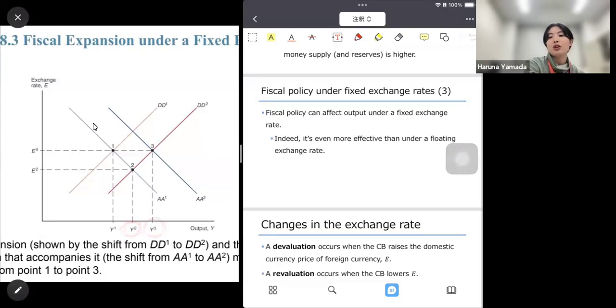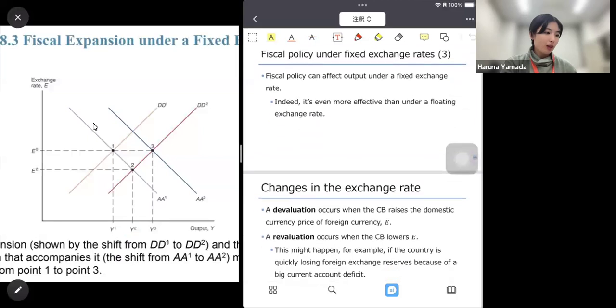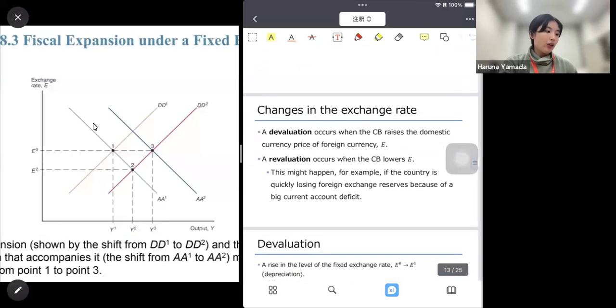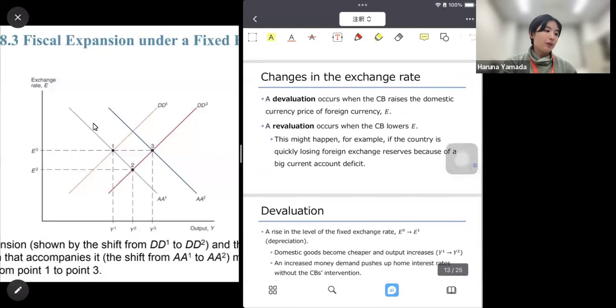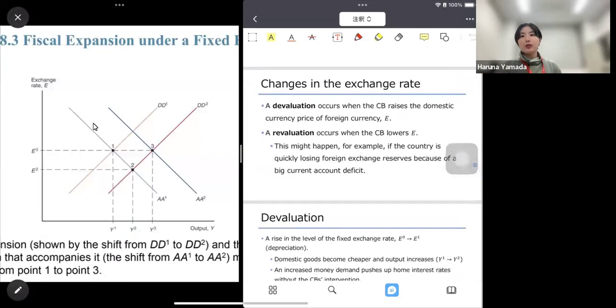Therefore, fixed exchange rate is more effective than the floating exchange rate case. Okay, now consider the new topic. Now I introduce new terms, devaluation and revaluation.